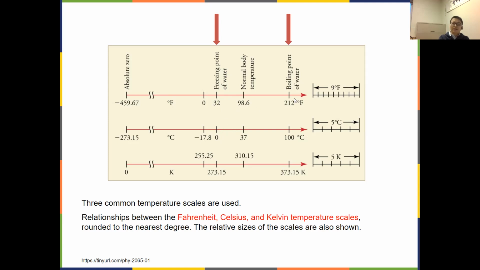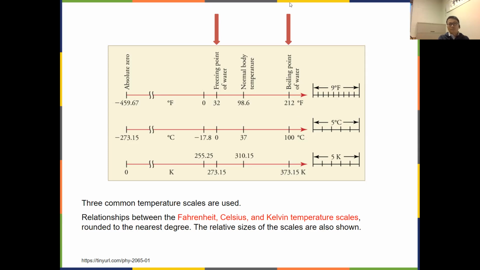And water boils at 212 Fahrenheit. It boils at 100 Celsius under ambient conditions. So if we use those two conditions, then we'll be able to write a conversion factor or conversion formula for that. Let's see how that is done.